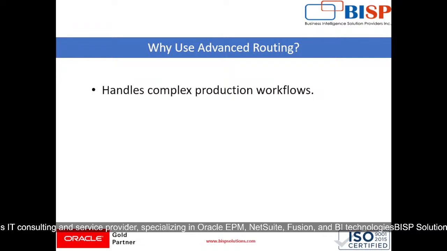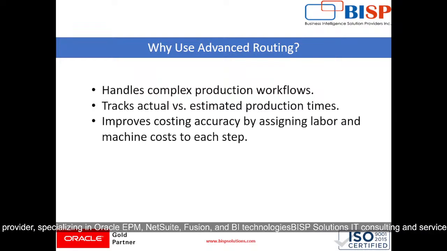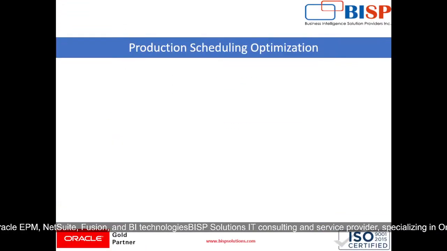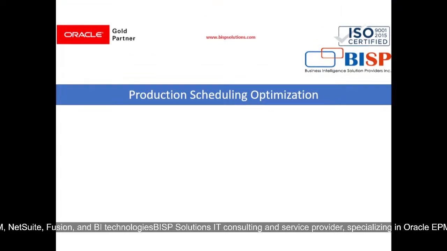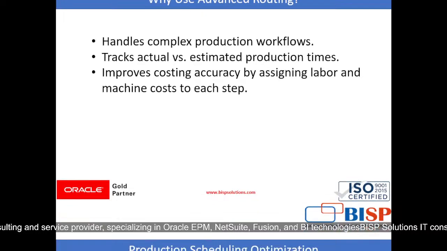It handles complex production workflows, tracks actual versus estimated production times, and it improves costing accuracy by assigning labor and machine cost to each step. So for example, a mobile phone assembly routing might include cutting, which work center 1 is doing, assembling, which work center 2 is doing, and testing, which is done by work center 3.